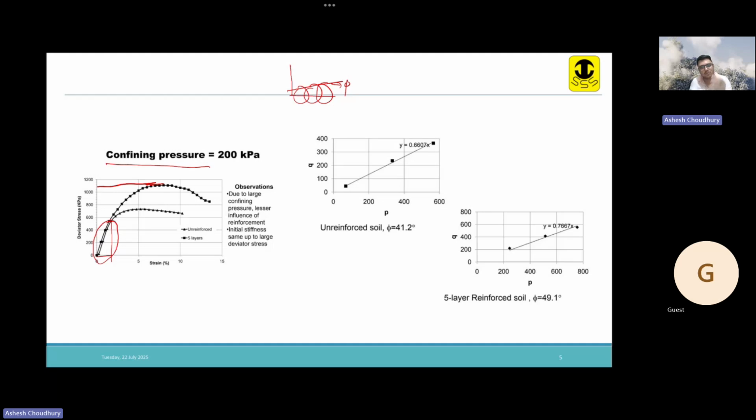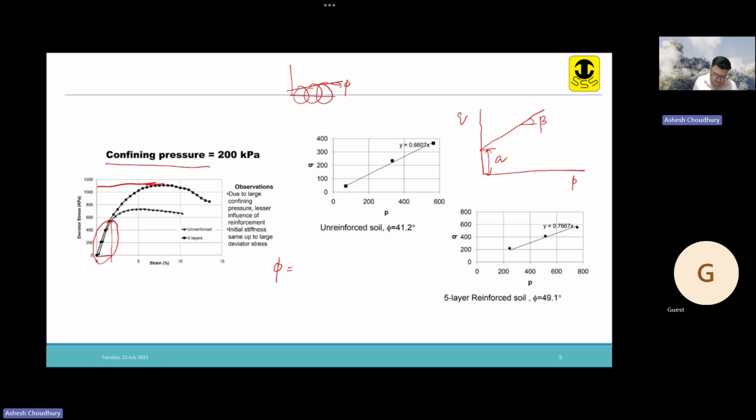So what we do? We plot the QP plot. You already know what QP is, right? On the x-axis we have P, and here we have Q. So say we get some graph like this. This slope is beta and this intercept is A. From A and beta, how can we find our C and phi?